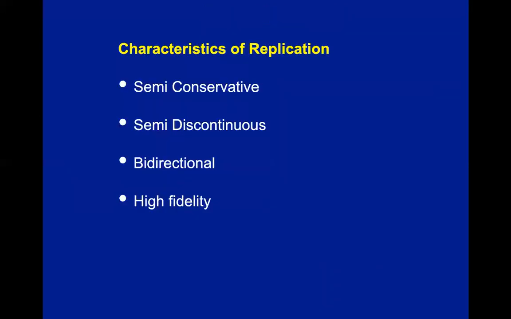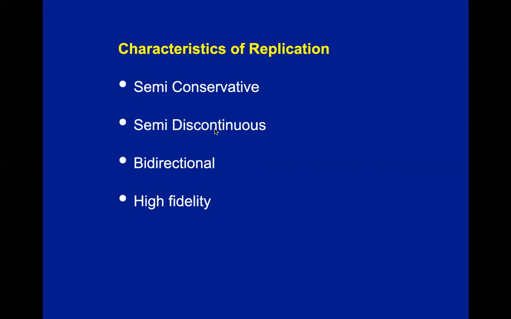What are the characteristics of replication? As I already told you, it is semi-conservative, semi-discontinuous. You will understand this when we see the actual process of replication. Semi-discontinuous means during replication, one of the strands will be synthesized continuously and the other strand will be synthesized discontinuously.